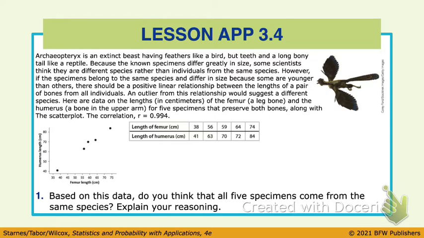So again, part of this paragraph that we just read says that an outlier from this relationship would suggest a different species. So basically, when you look at this scatter plot, do you see anything that would be considered an outlier? Probably not.